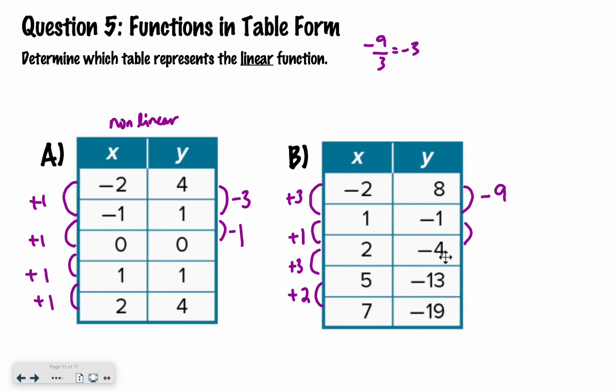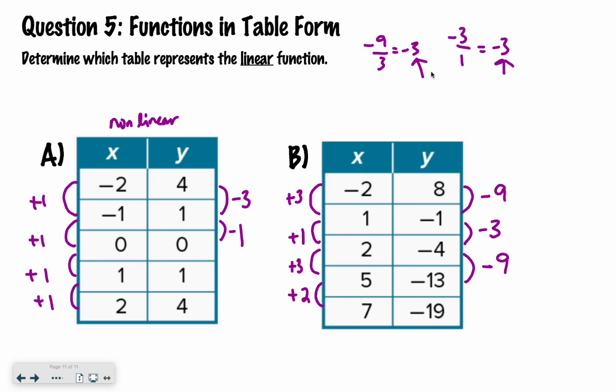Then going from -1 to -4, that's -3. So that's -3 over 1, which equals -3. So you can see these numbers match so far. So I have to keep checking. -4 to -13, that's -9. Okay, so I have -9 over 3 again.